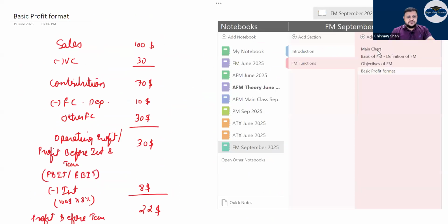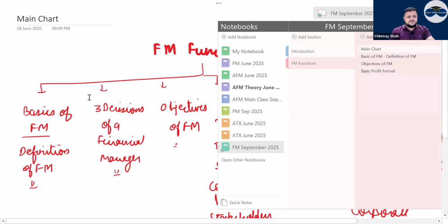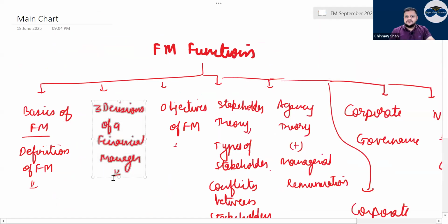Now, if you go to the main chart, right now we are going to the 3 decisions of a financial manager.